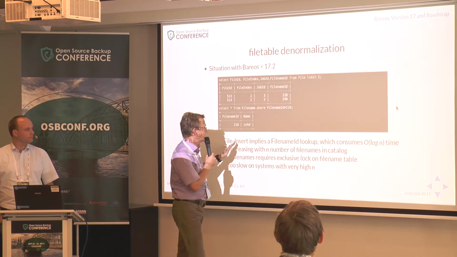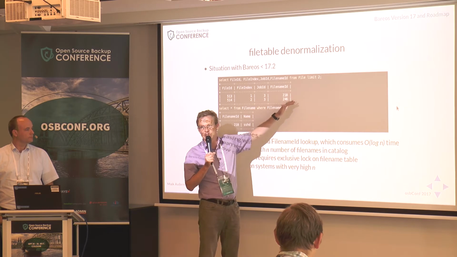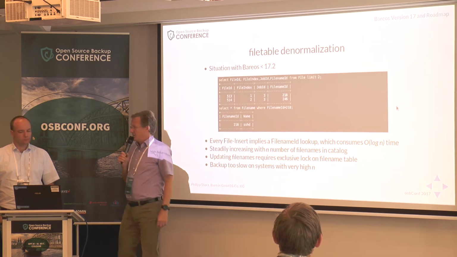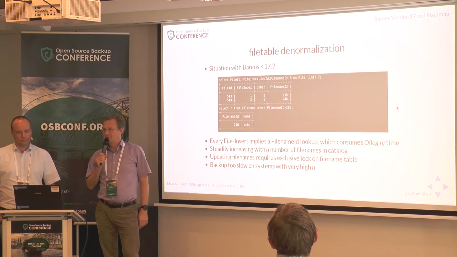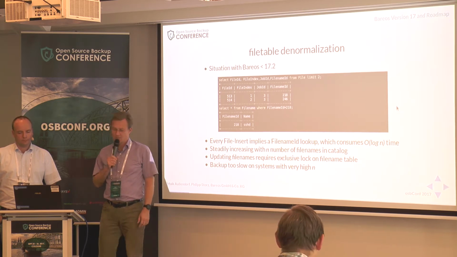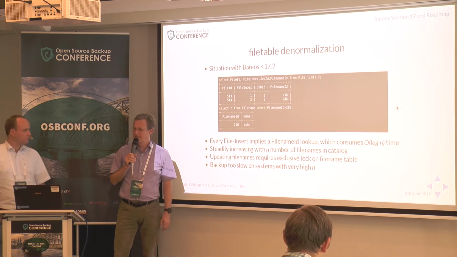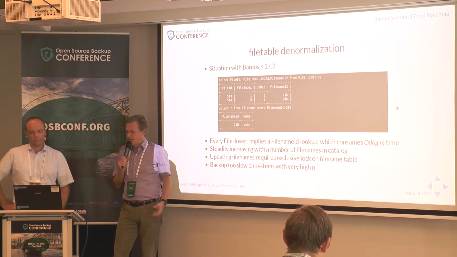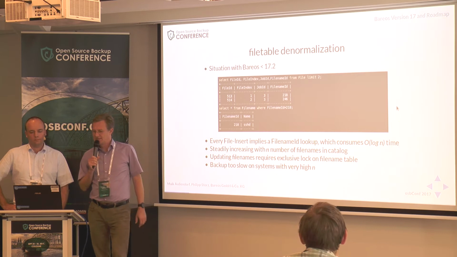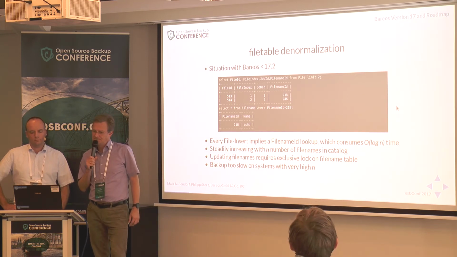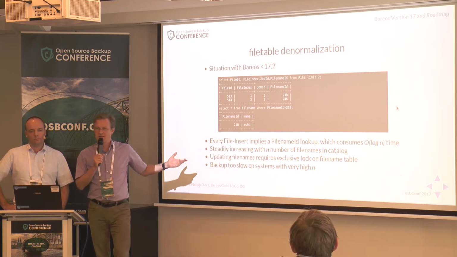So it will be a curve like this, but it will always grow. And if you have millions or billions of files, then it gets really slow. We had one customer, now a hosting partner from Canada with a lot of customers and millions of files. And they came up and said, why don't you denormalize the table?